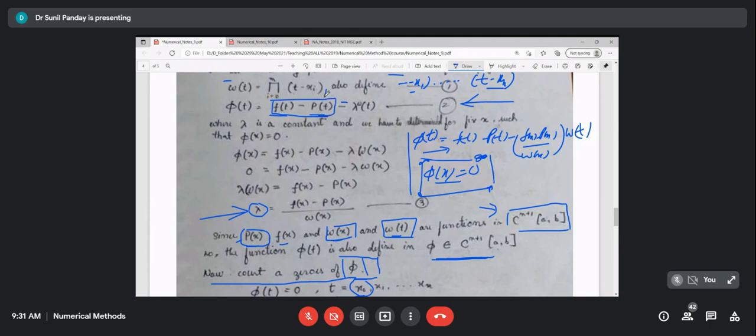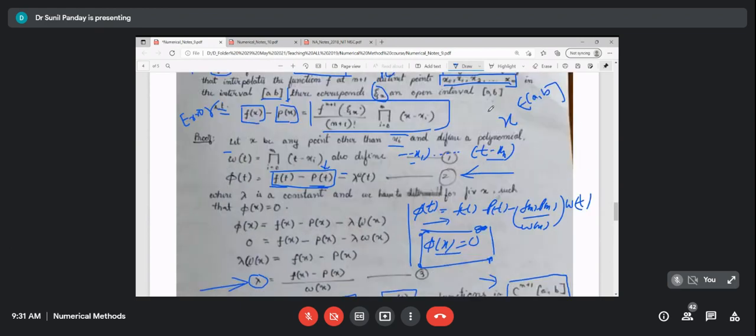Whatever our approximating polynomial, when it comes to the nodes like x_0, x_1, x_2, this p(x_i) should be equal to f(x_i). So in particular for x_0 also, f(x_0) equals p(x_0). So this term is 0.